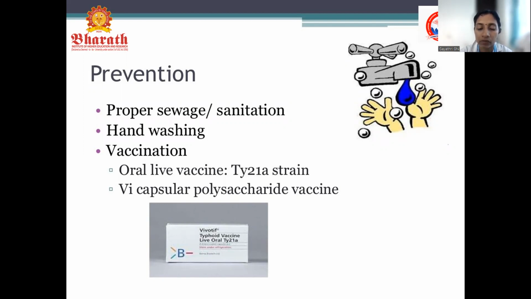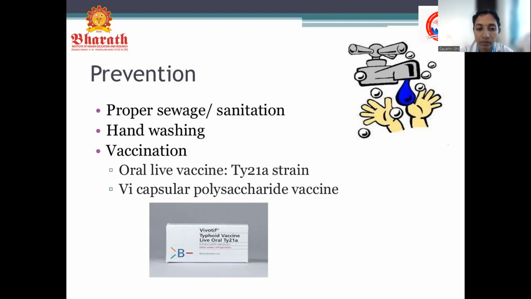And this is usually for children above 6 to 7 years of age, and even for adults before a travel to a place which is at high risk of developing enteric fever, in tropical countries, it is better that you take it and go. And it has got a good efficacy. It has to be repeated every 3 years though.